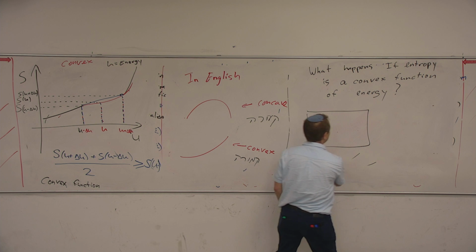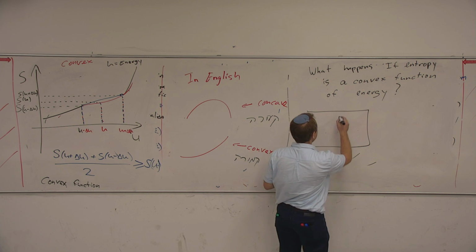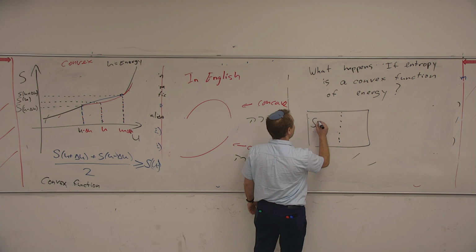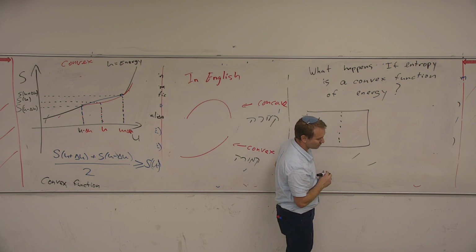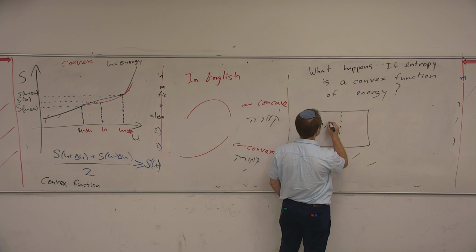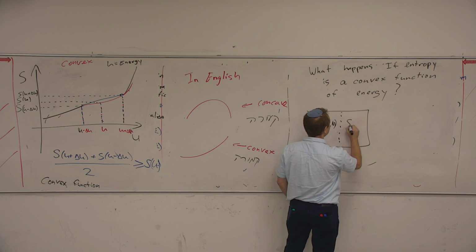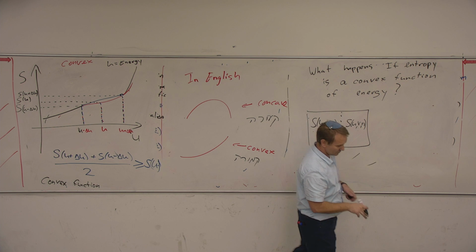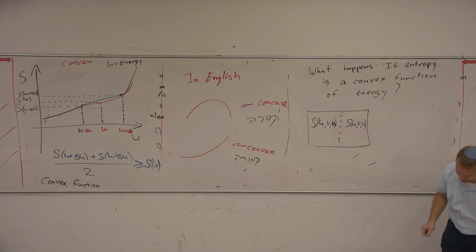Let's assume that we have two systems, and they're exactly in equilibrium. Everything is in equilibrium. We have S, U, V, and N on each. Now we do something to those systems.